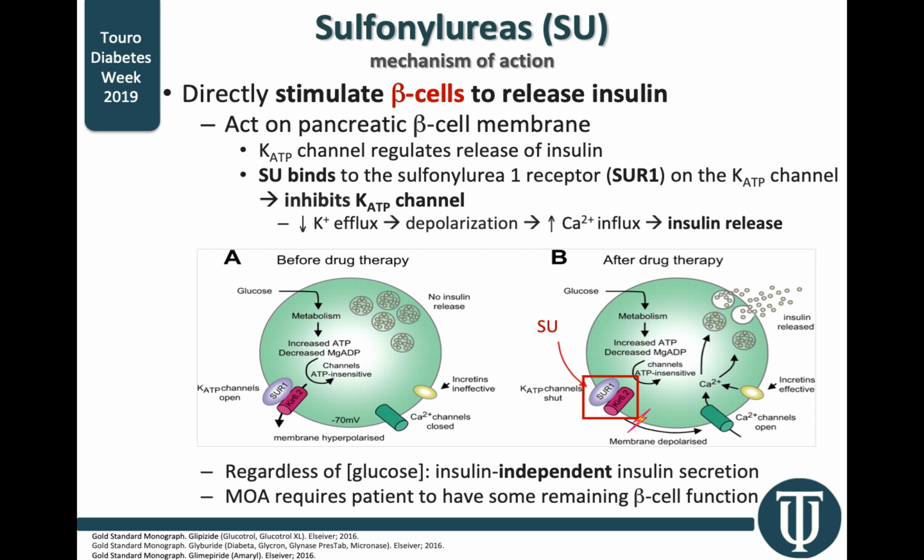And also this mechanism of action will require some remaining beta cell function to work, right? So if the beta cell doesn't work, then the patient will not respond to the sulfonylurea. And that's, in a nutshell, how this medication class works: to keep pushing our pancreas to produce insulin.